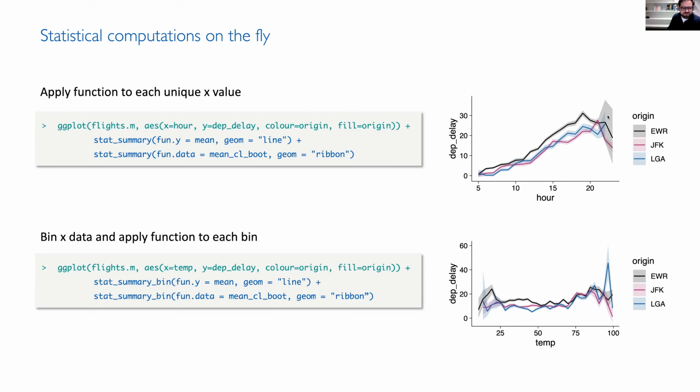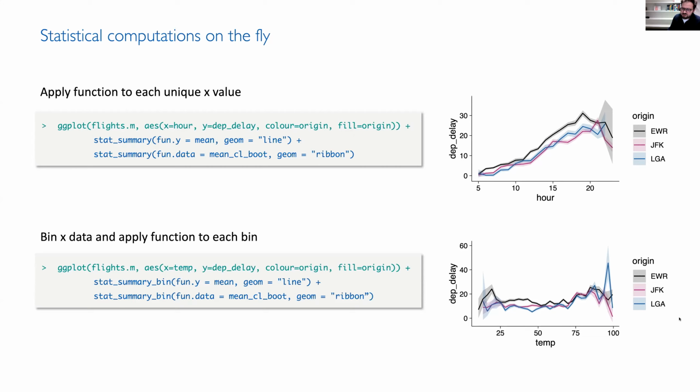Another thing we can do is, in this upper case, our x-axis is discrete because it's an hour from 0 to 23, or 5 to 23. But sometimes we have real-valued numbers, and then we need to tell these functions which values to put together. That means we can bin the data.